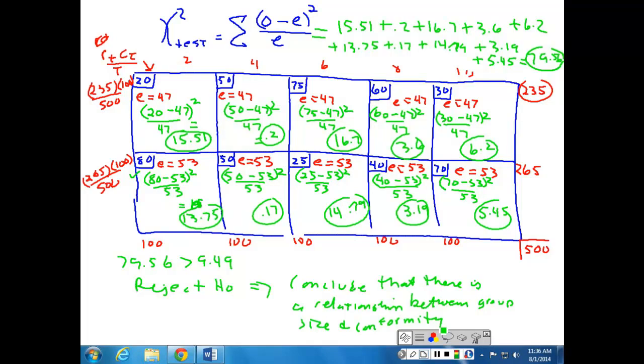Okay, so on your calculator, I'm looking now back at these. Oh, that's awesome. The original data for the problem.